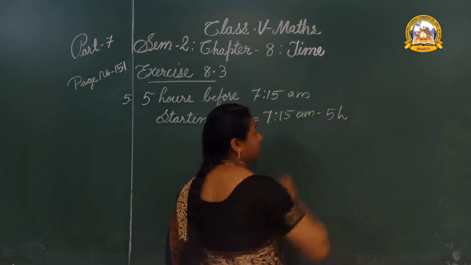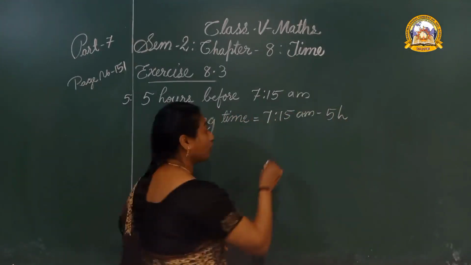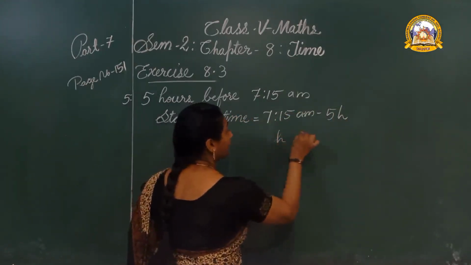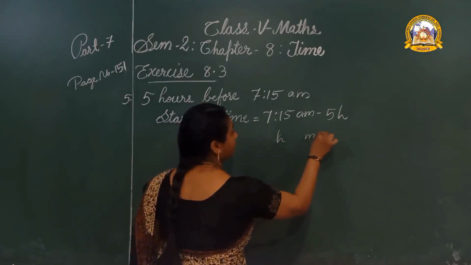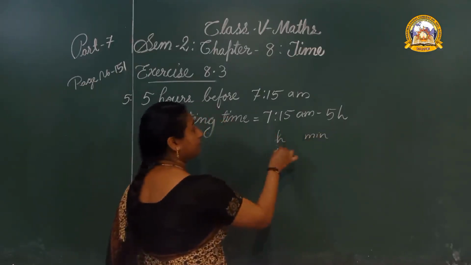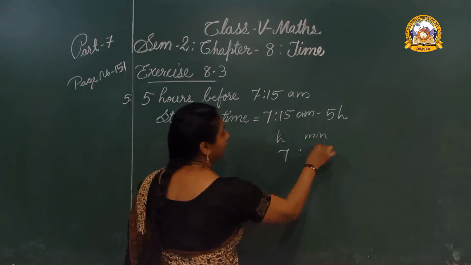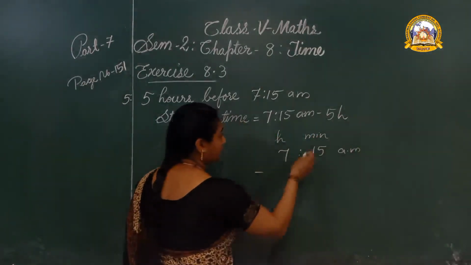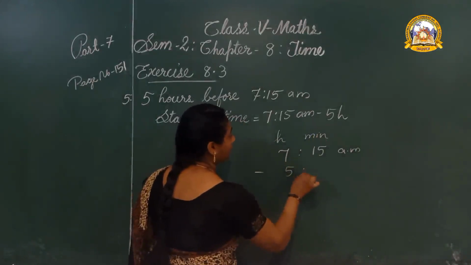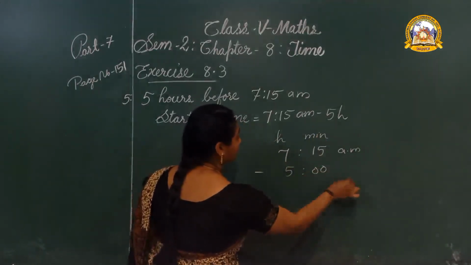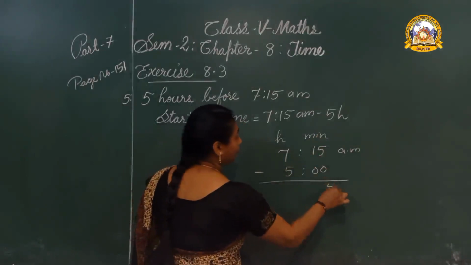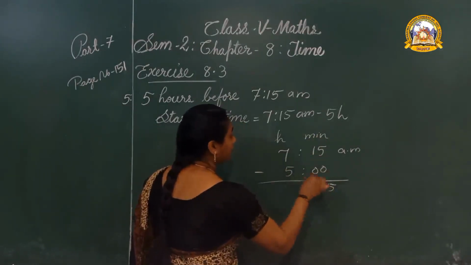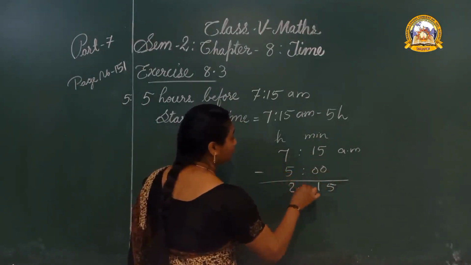Okay, let us make two columns, hours column and minutes column. First 7:15 AM minus 5 hours only. So here double 0. 5 minus 0, 5. 1 minus 0, 1. 7 minus 5, 2.